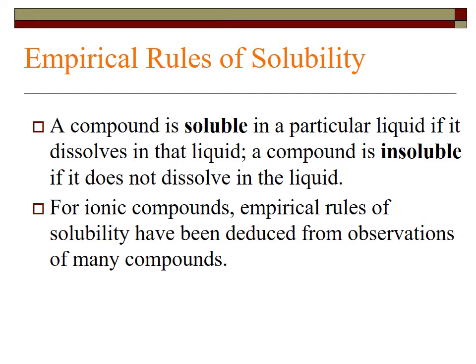What they did was put all their thought processes together after seeing this repeatedly over and over again, and they came up with a table that we can use to predict whether a compound will dissociate into ions and be soluble, or whether it will not dissociate into ions and be insoluble.